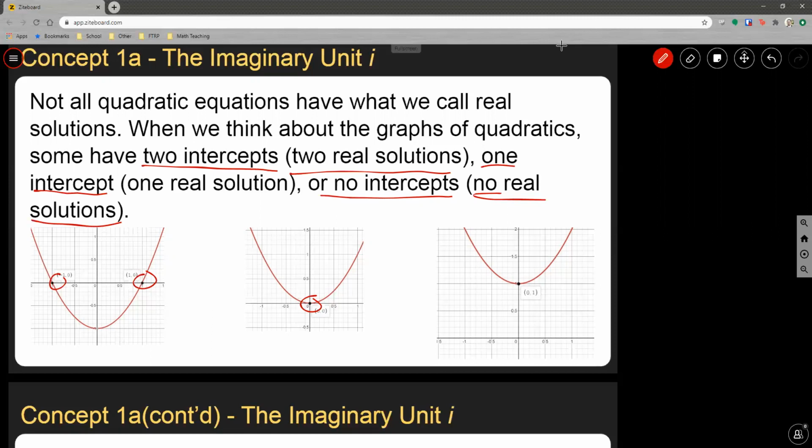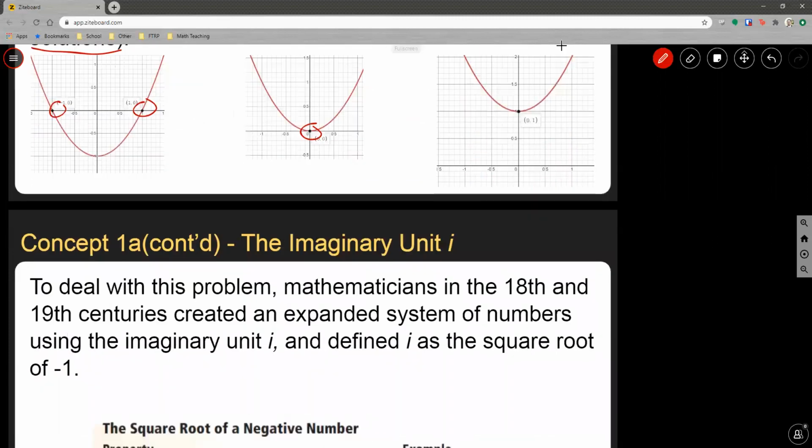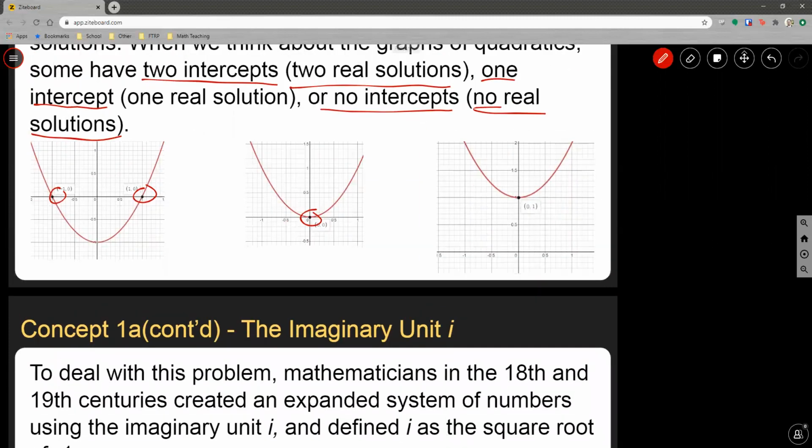Now that's a very important piece of information, talking about real solutions. We're talking about the real numbers here. To deal with this problem, and by the problem, I mean this third graph that has no real solutions, no x values. Remember in 3.1, we just wrote that it did not exist, DNE.